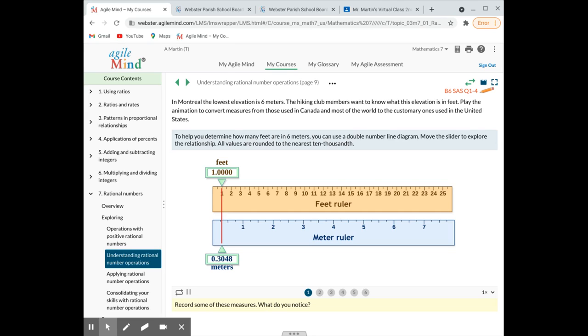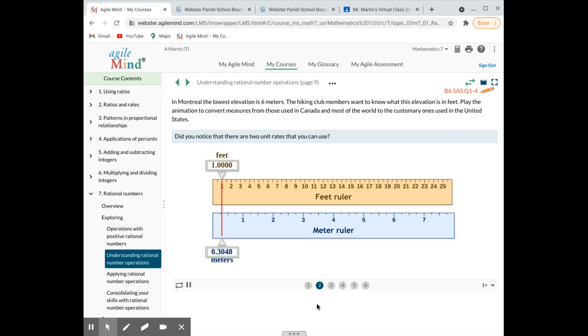We're in topic 7, block 6 in our workbook. All right, so let's take a look at panel 2. It says, did you notice that there are 2 unit rates that you can use?